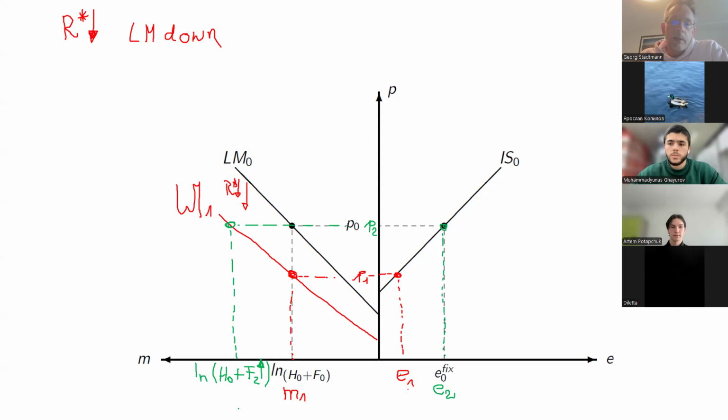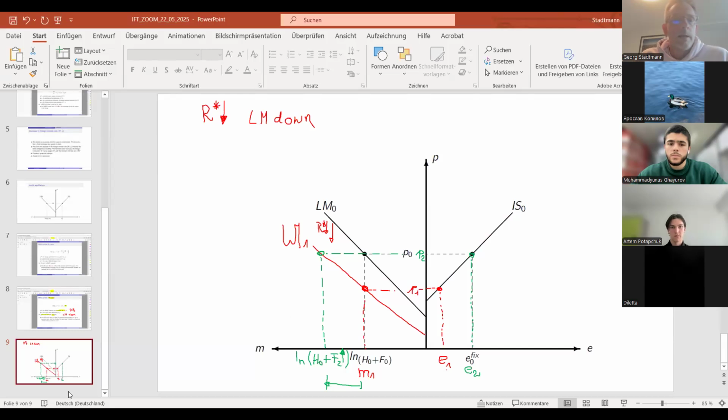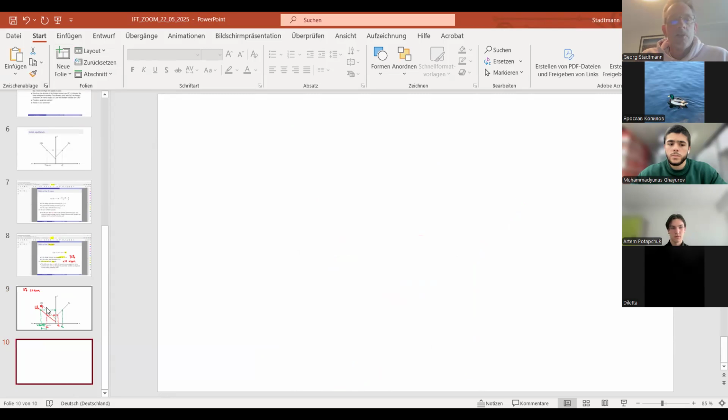What we can see from here to there, money supply in circulation increases. This would be the graphical solution in a fixed exchange rate setting.